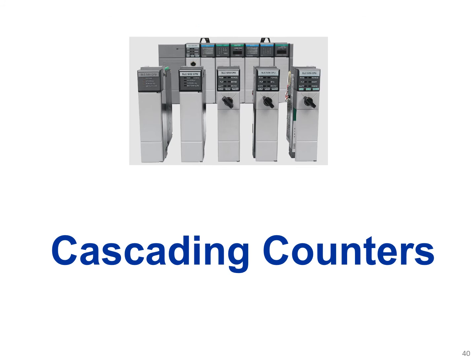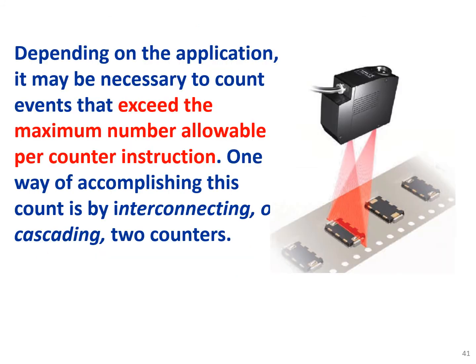Cascading counters. Depending on the application, it may be necessary to count events that exceed the maximum number allowable per counter instruction. One way of accomplishing this count is by interconnecting or cascading two counters.